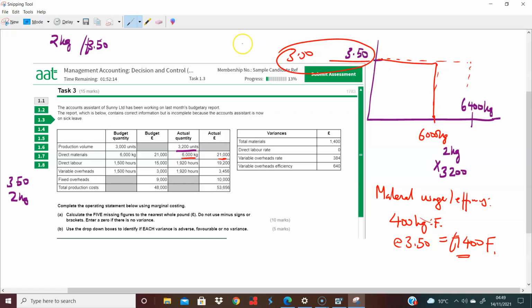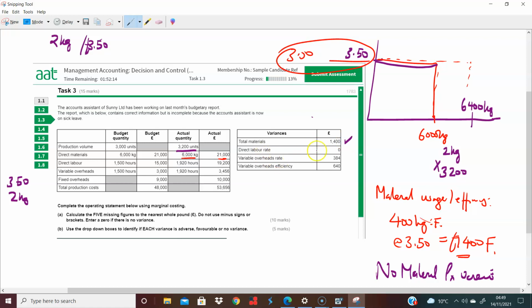That's my purple one doing the same thing, and that's the red one doing exactly the same thing. So there is no material price variance. There's nothing. So the total variance must be the two together, which is 1,400 and 0, which is why we have 1,400 here.